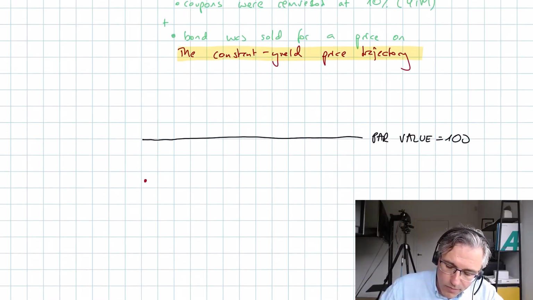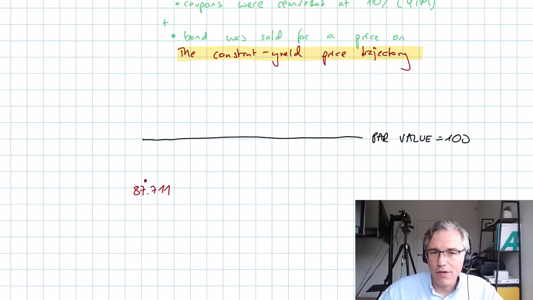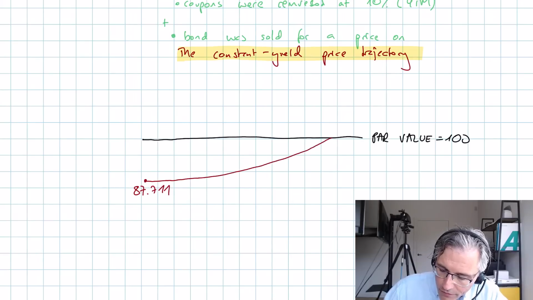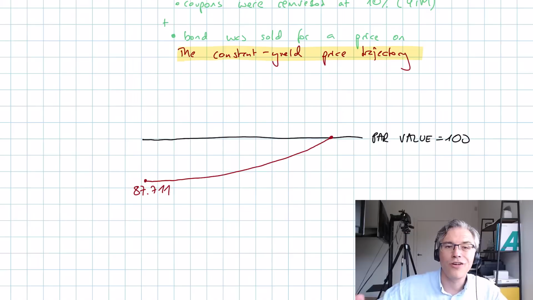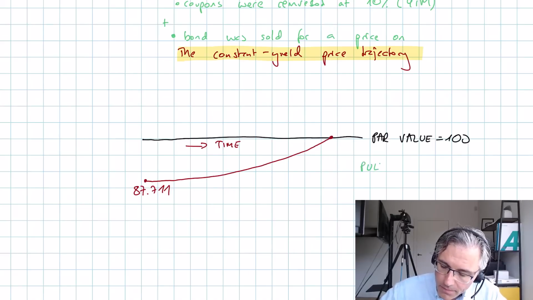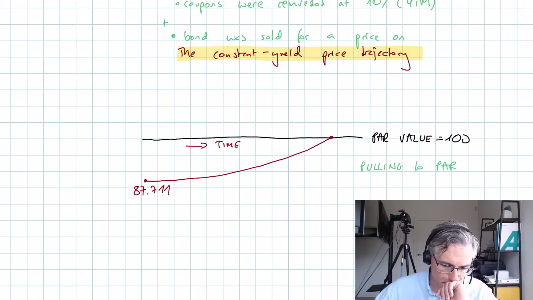So it was bought for a price that was evidently below par, right? However, I did in a previous lesson explain that what happens is, if yields don't change, if interest rates around us don't change, there is a process that pulls the price towards par value, towards the 100 as time goes by. So with the passage of time, we experience this phenomenon which is called the pulling of the bond price to par, or the pull to par.